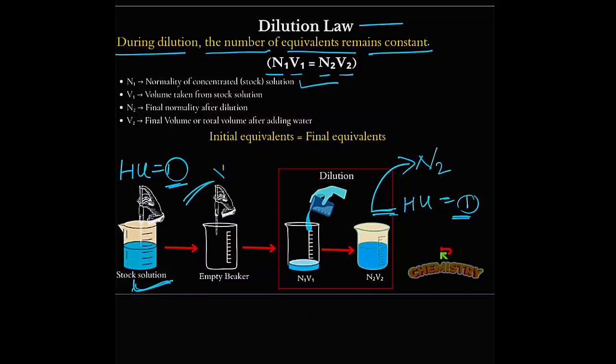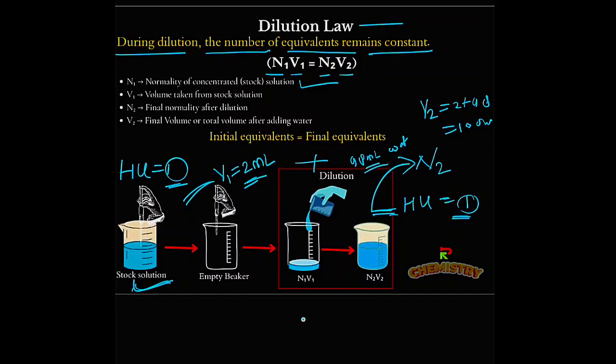V1 is the amount of stock solution we are using, let's take 2 ml. V2 is the sum of the volume of stock solution plus water, so V2 is 2 plus 98, that is 100 ml.